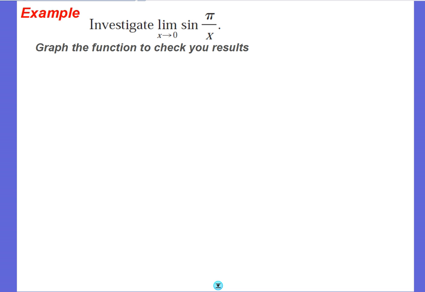Okay, let's investigate the limit as x approaches 0 of sine pi over x. And then we will do it using two methods, the graphical method and the numerical method. Let's start with the numerical method.